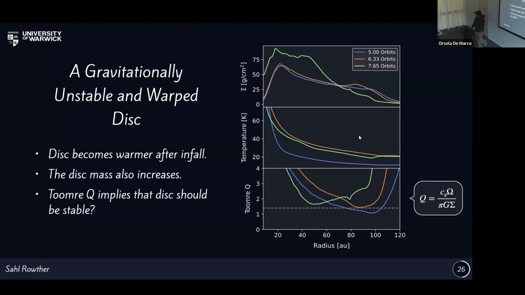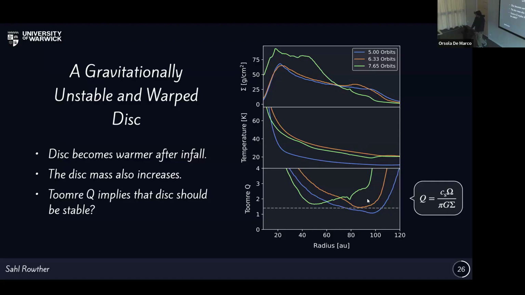When we look at the temperature plots in the middle panel, we see that the infalling cloud has warmed up the disk by quite a bit, which I'll explain later.